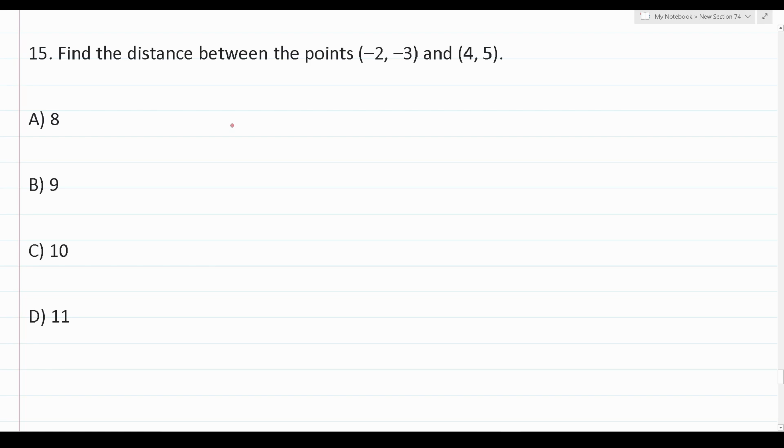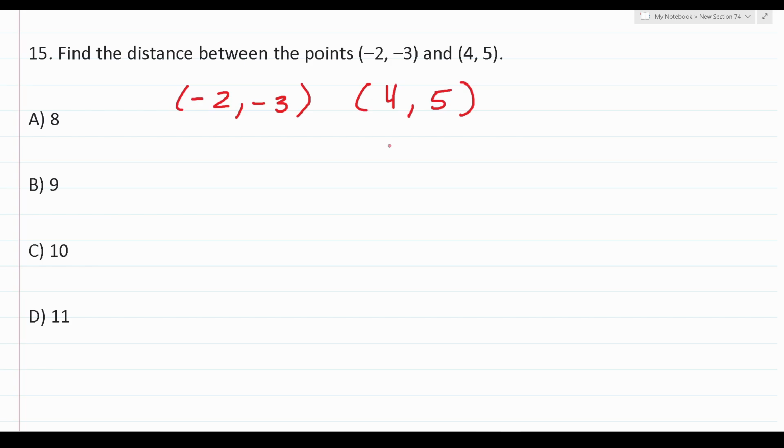All right, so 15 says, find the distance between the points -2, -3, and 4, 5. So I'm going to copy those points down again. We know we're working with one point, -2, -3, and another point, 4, 5. There are two distance formulas. One's distance equals rate times time, and clearly we're not going to be using that formula in this case.